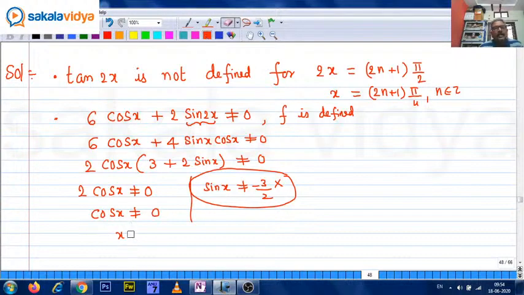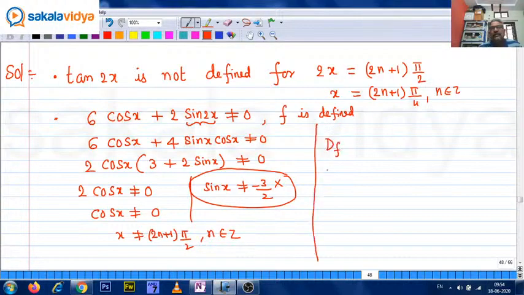Here x does not equal odd multiples of pi by 2, 2n plus 1 pi by 2. So these two values we need to subtract from the real number system.